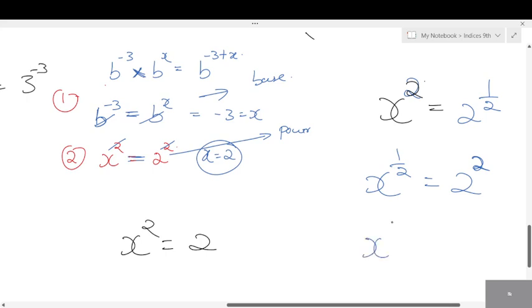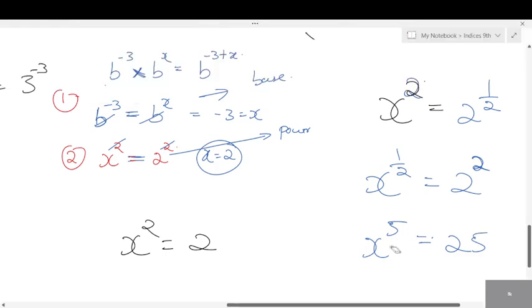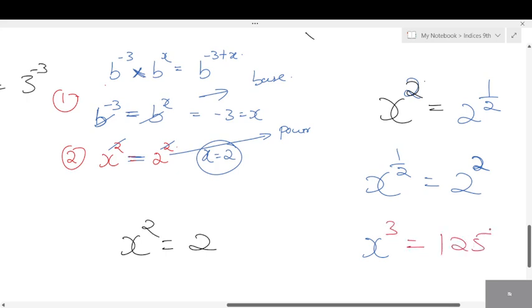Is this clear, students? Now tell me the answer for this. What about x to the power of 5 is equal to 25? I'll write 25. If 5 goes to the other side, just a minute, I'll write x to the power of 3 is equal to 125. Tell me the answer.